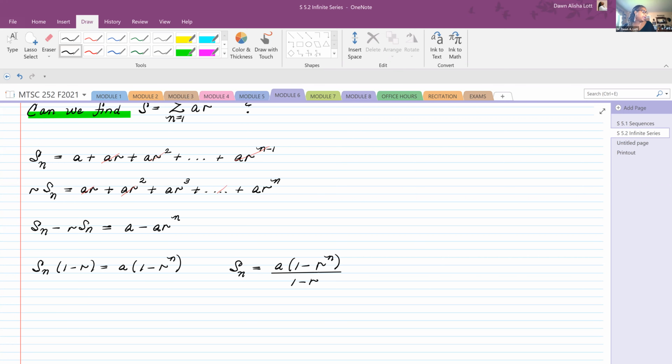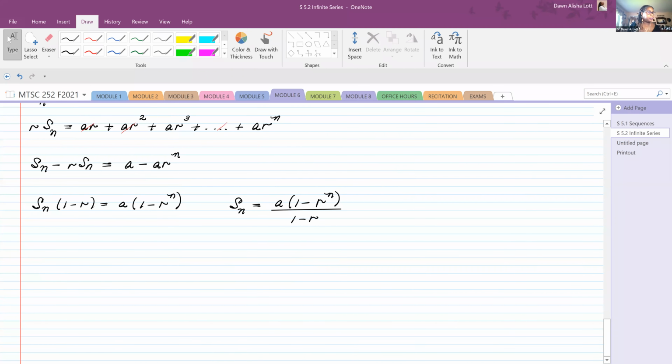In fact, r can't be anything whose absolute value is 1 or more. So we say if the absolute value of r is less than 1, then the limit as n approaches infinity of r to the n will be 0, because I'm multiplying a fraction times itself and it's just getting smaller and smaller.